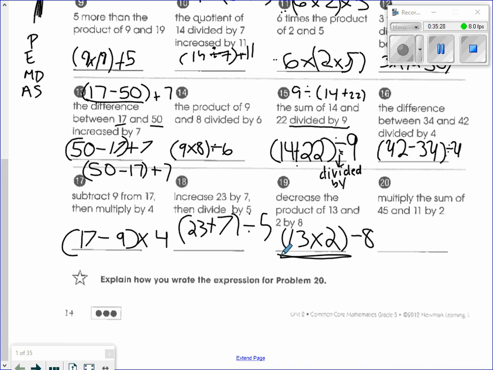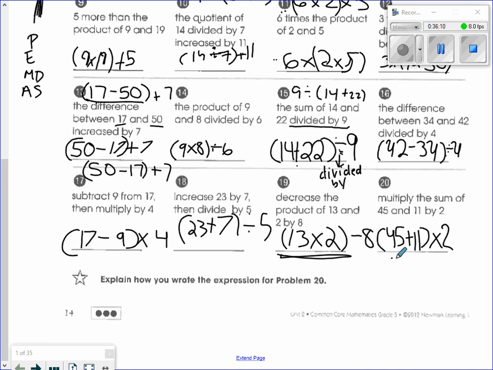Multiply the sum of 45 and 11 by 2. Multiplying the sum of 45 and 11.